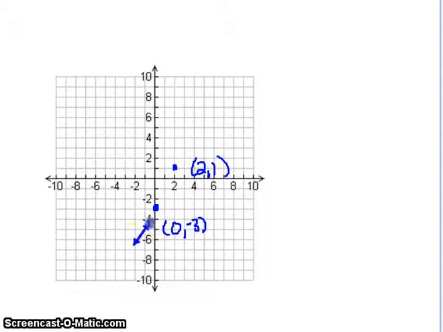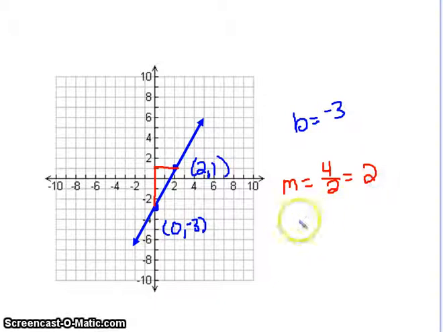If we have this line, how can we write the equation? Well, I can see very clearly that my y-intercept, or my b, is -3. And to find my slope, it's going to be my rise, which is 1, 2, 3, 4. So slope is equal to 4 over my run, which is 2. So my slope is 2, and I get y equals 2x minus 3.